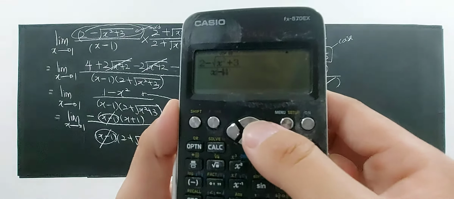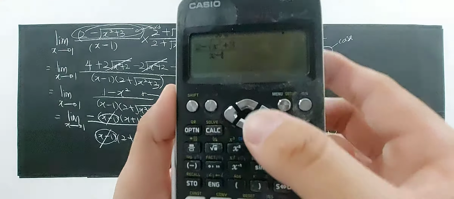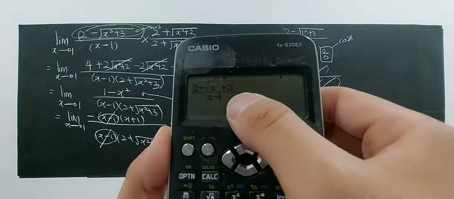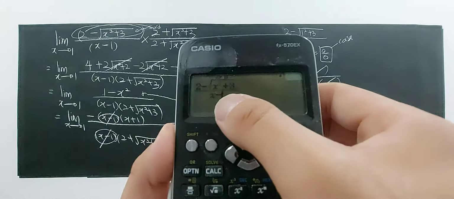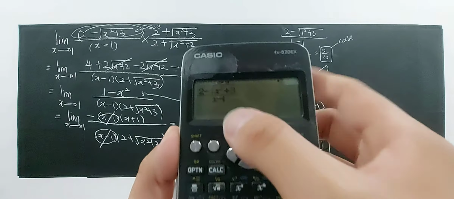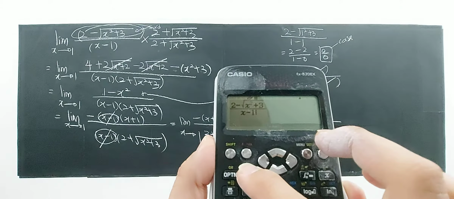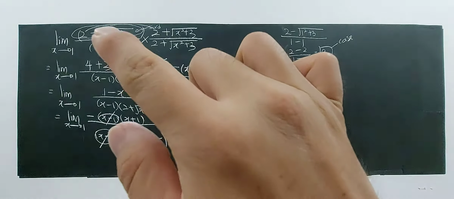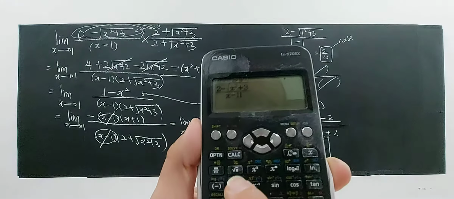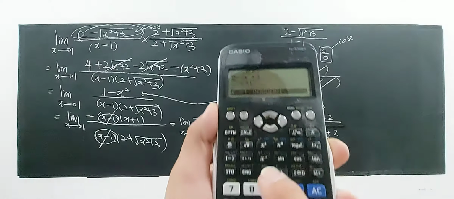This one has to be 2 minus square root of x squared plus 3, and this will be x minus 1. Okay, now it's exactly the same. Then I press calculate.